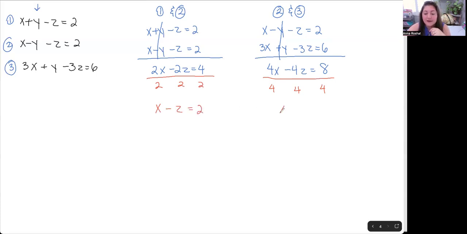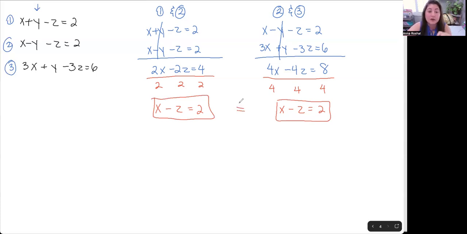And when I do that here, I'm going to end up with x minus z equals 2. Now, if you'll notice, this equation here and this equation here are identical. And this is really good news because the less math you have to do in math class, the less chances of error you have, right?